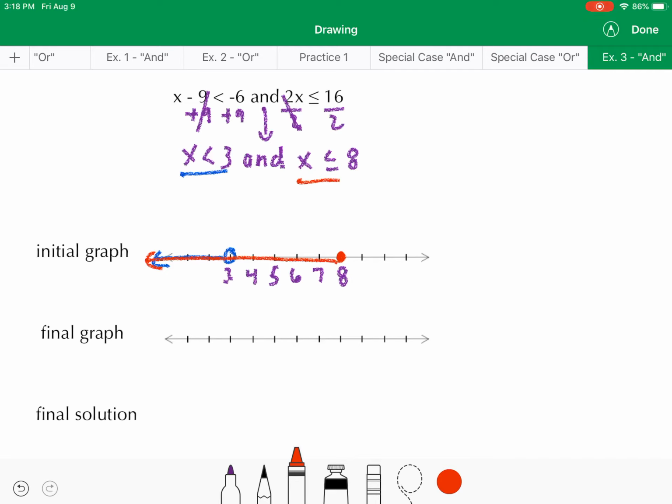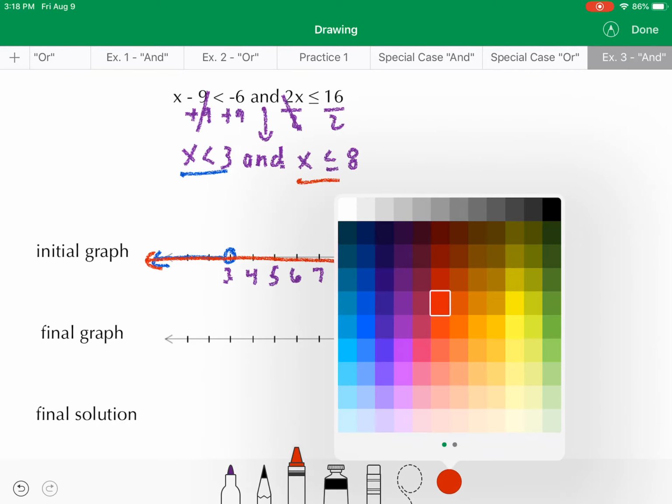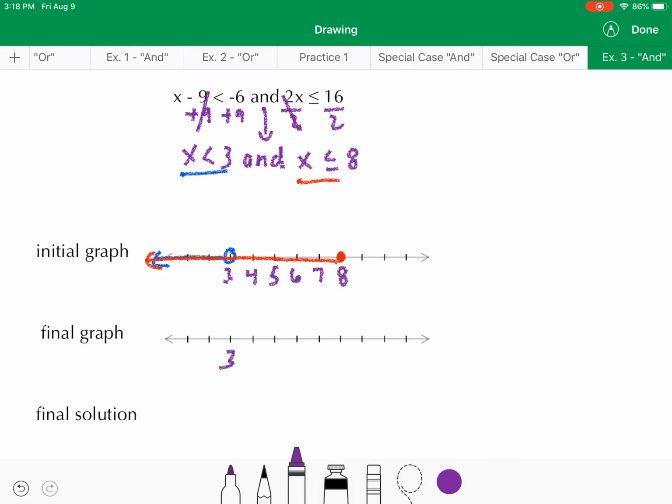It's taking place at any number smaller than 3. So that's my final graph, and I can simplify my final solution to x less than 3.